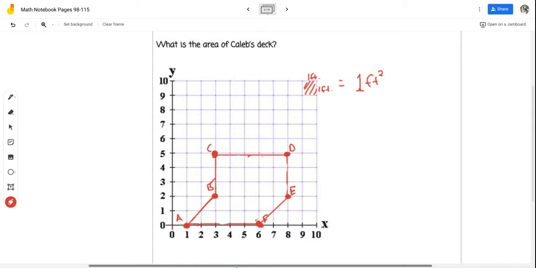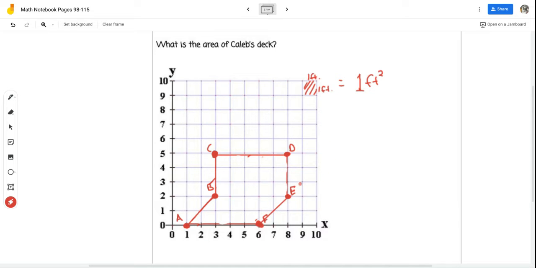Now, this is an interesting shape because we can calculate to subtract this square footage, just like we can calculate to subtract this square footage. But I want you to visualize this. If this whole shape was just moved so that it was a square, like that, it would be the same area as if we didn't have this bend. And I hope to explain that to you here in a few moments.